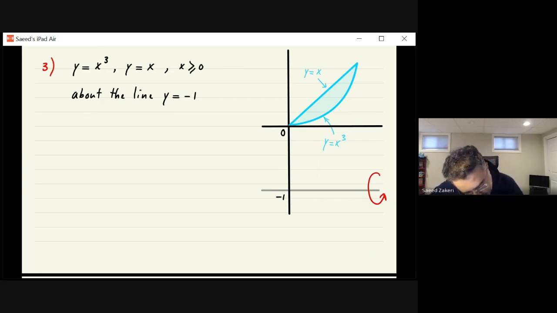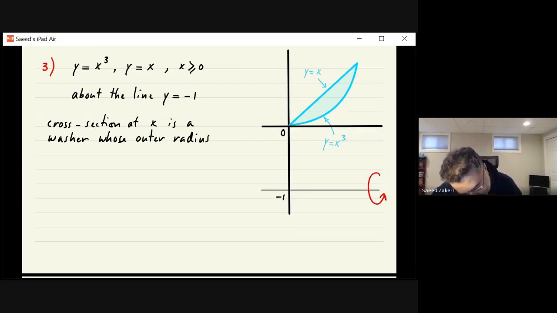So cross section at x is a washer whose outer radius is x, and then I have to add plus 1. Where does this plus 1 come from?